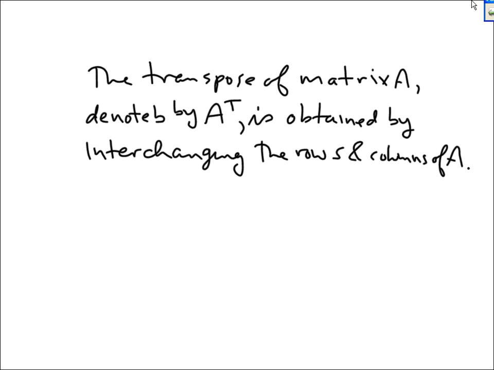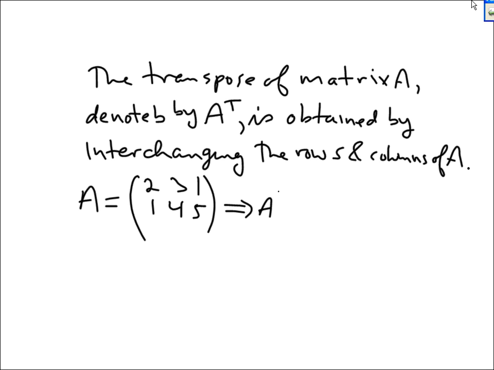To get the transpose of A, you take the first row of A, and you write it as the first column of A transpose. Take the second row of A, write it as the second column of A transpose, etc. If this is A, then A transpose: this first row becomes the first column.